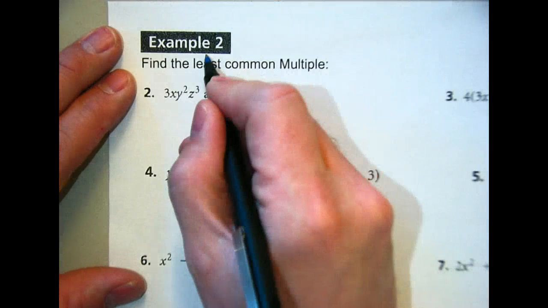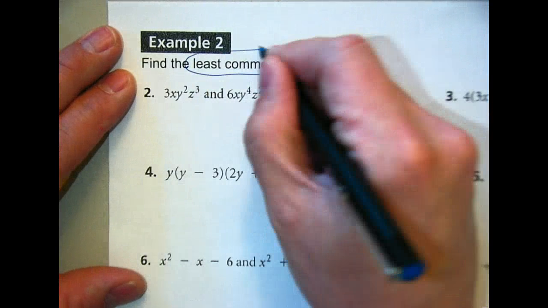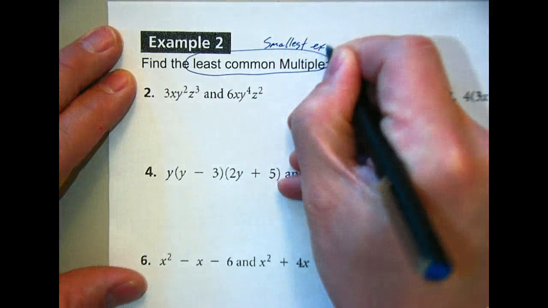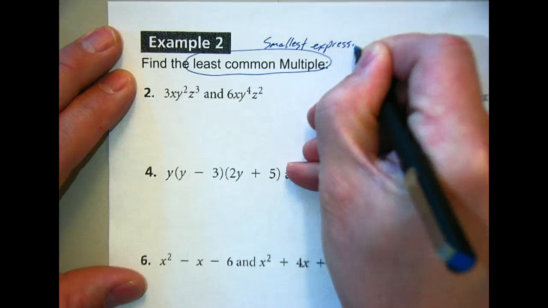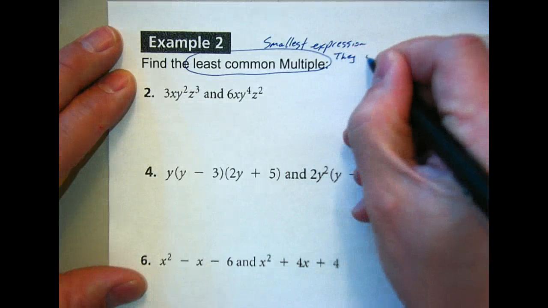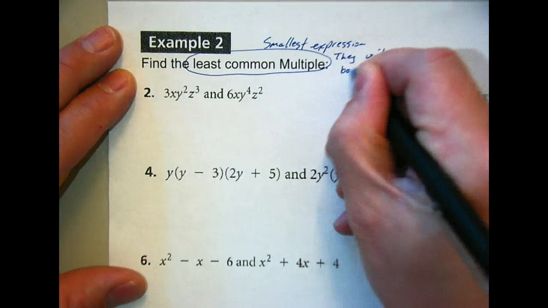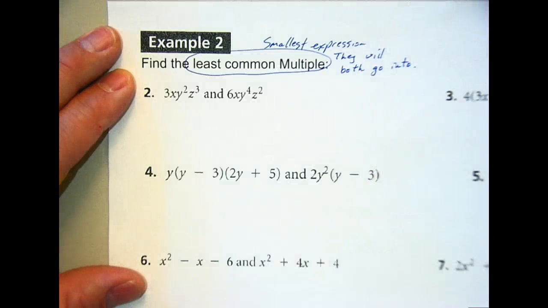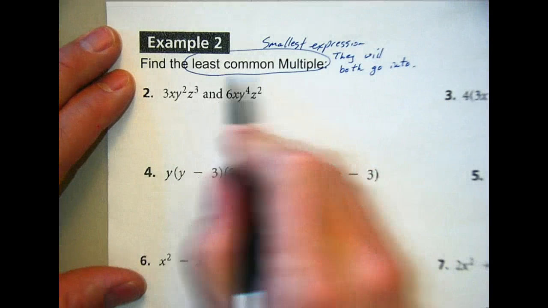Okay, least common multiple means the smallest expression they will both go into. That's kind of the slang of it there. This is the mathese of it.